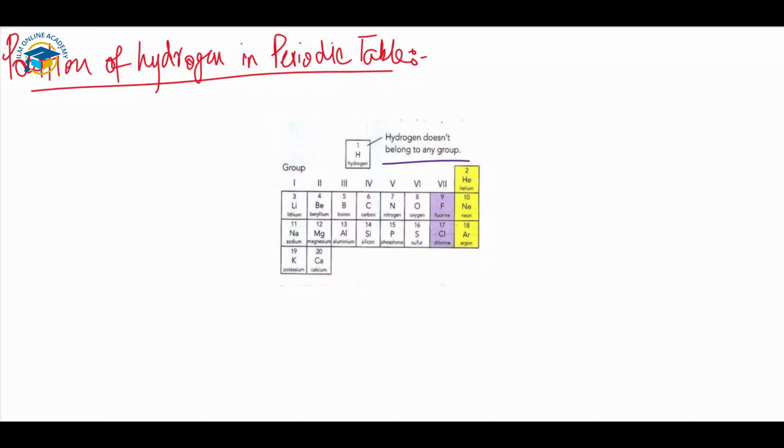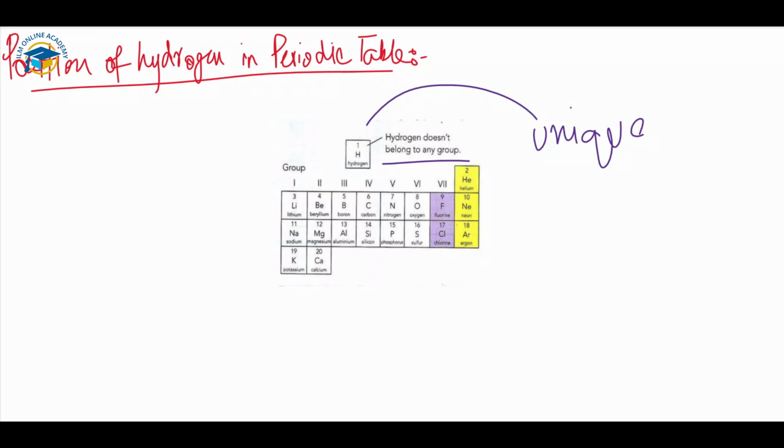As the smallest atom of all, its properties are quite distinctive and unique. It does not fit easily into the trends that we see in any group, or across the periods. That's why we place hydrogen by itself on the periodic table.